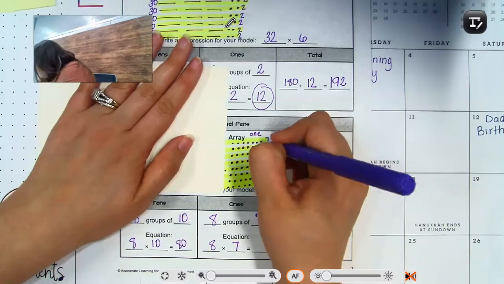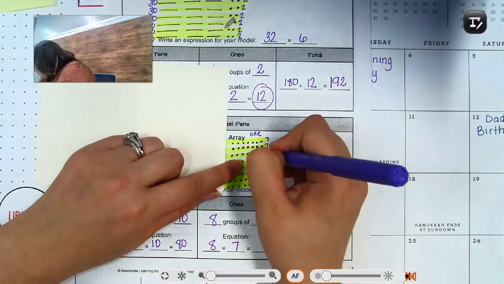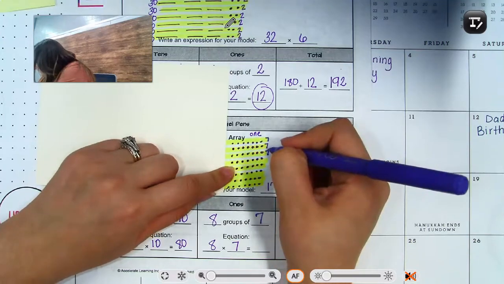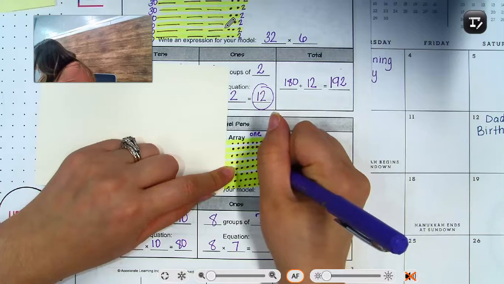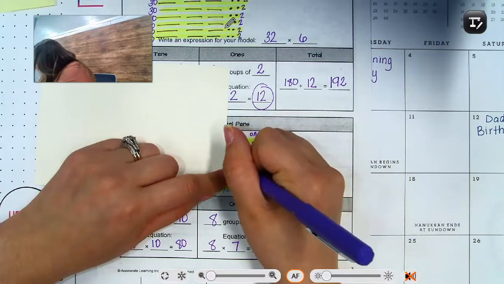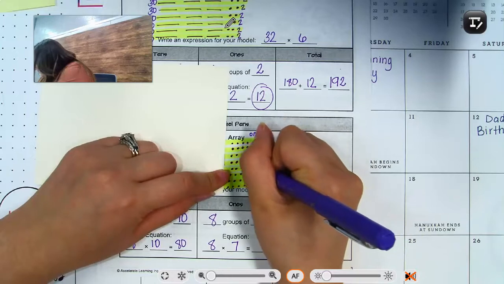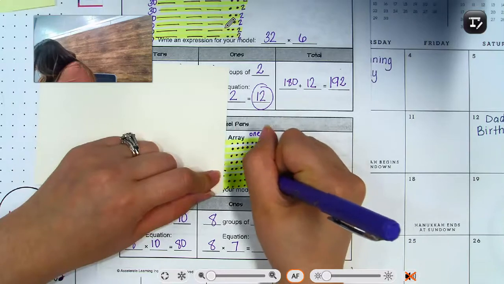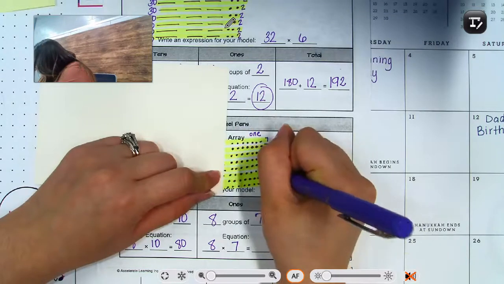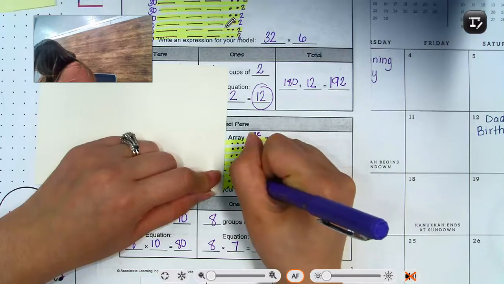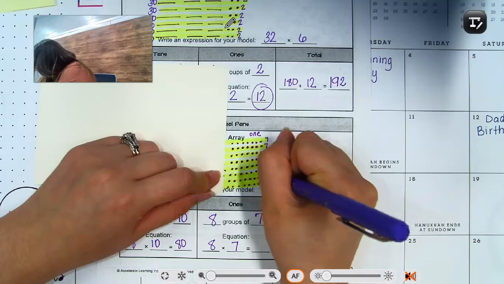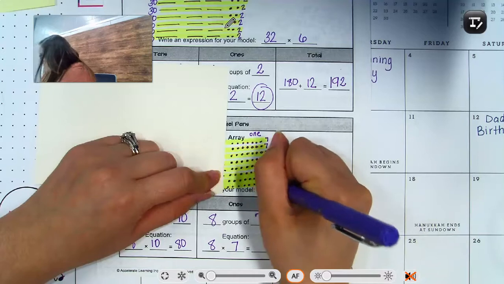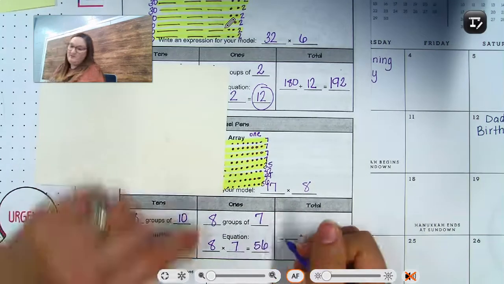So I have 7, 14, 21, 28, 35, 42, 49, 56. Woo! So 8 times 7 is 56.